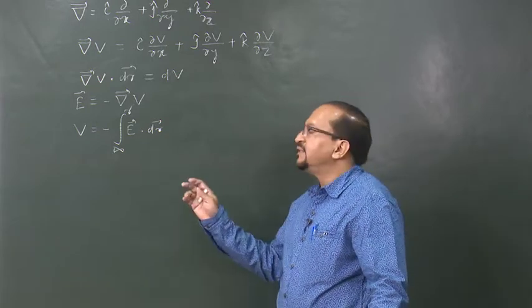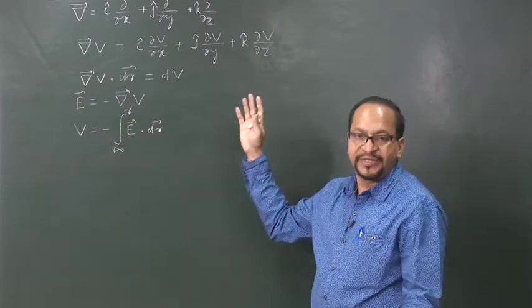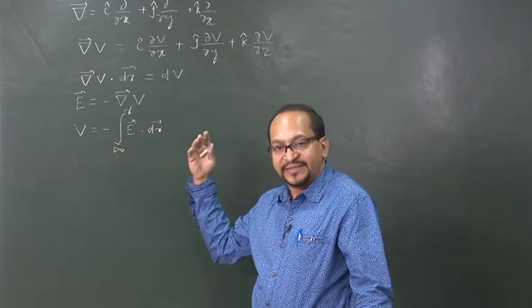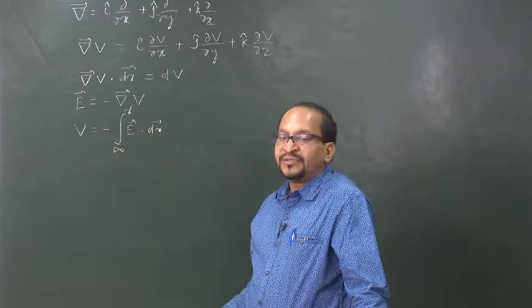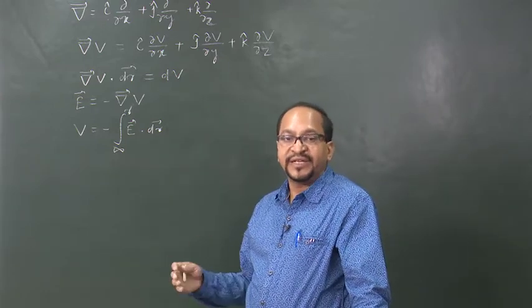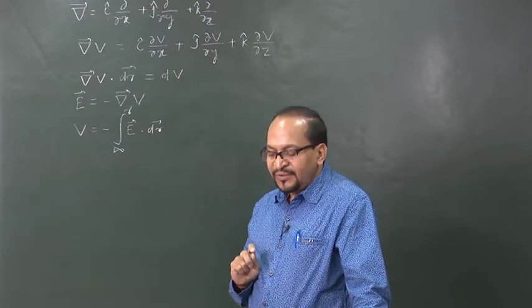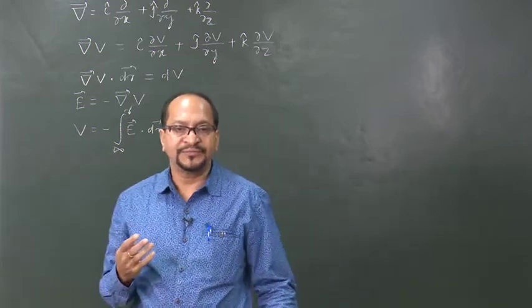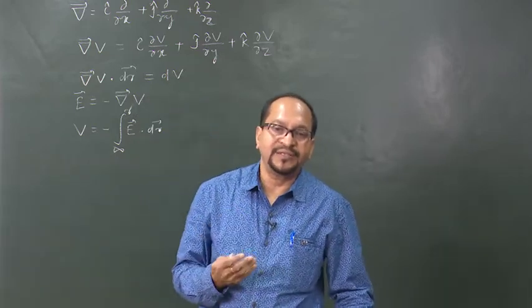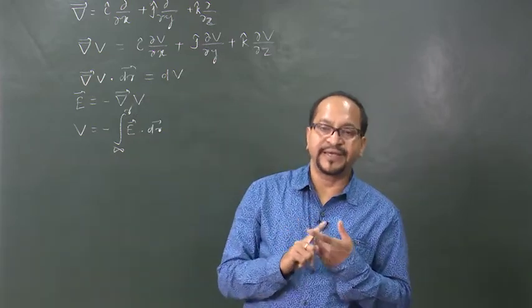As I have told, this grad is a differential operator, but it has a direction like a vector. So, like a vector, we can use it, though it is not exactly a vector. We can multiply a vector by a scalar.